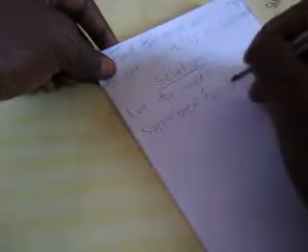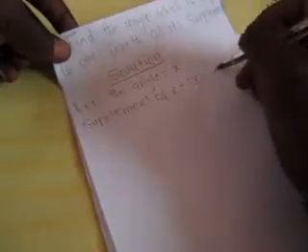When we are finding the supplement of x, we need to take x out of 180. The supplement of x will be 180 minus x. This is the supplement of x. Let me put this in a bracket: 180 minus x.